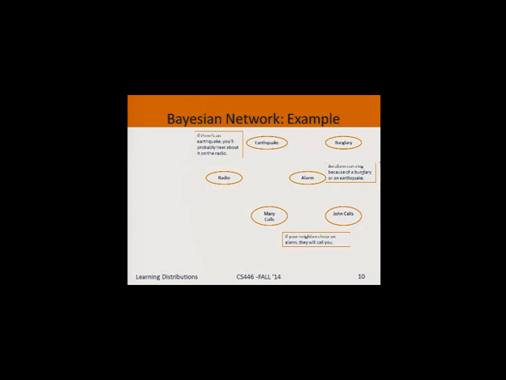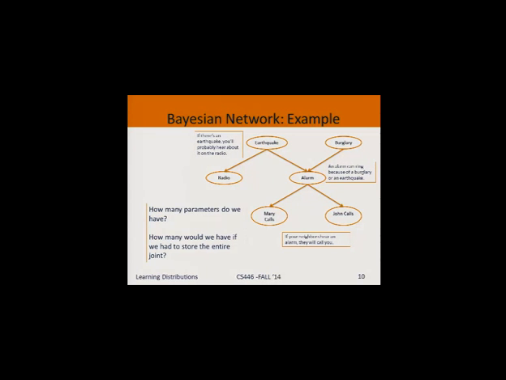For example, if there's an earthquake, you'll probably hear about it on the radio. An alarm can ring because of a burglary or an earthquake. So I'm going to model it by making these independence assumptions. Notice that once I drew the edges, I determined all the independence assumptions that I've made. And these make sense.